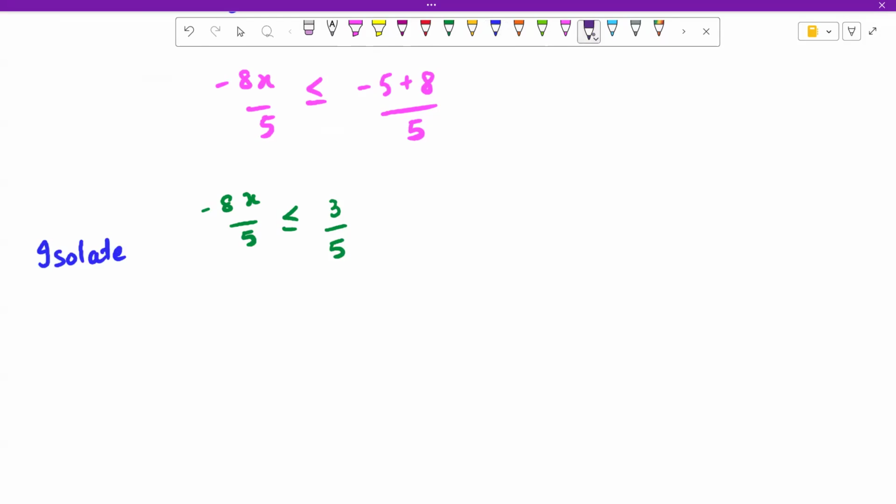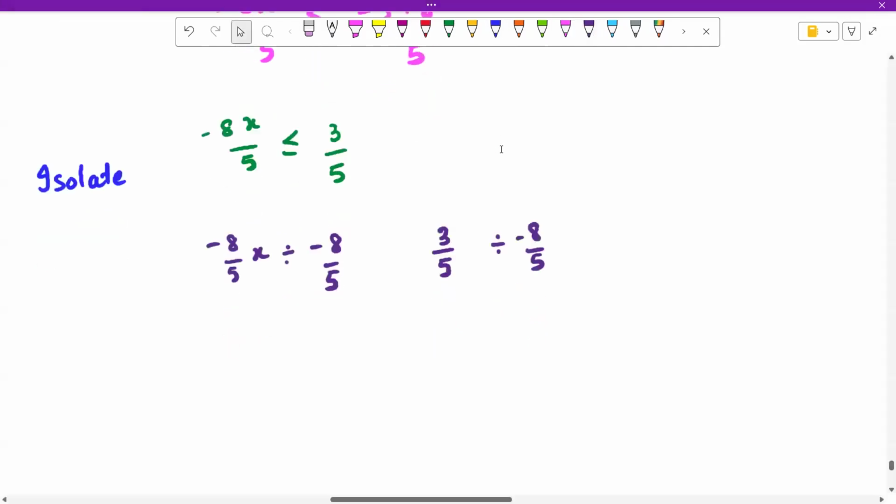So, what do we do to isolate? We divide by negative 8 over 5 here, and divide by negative 8 over 5 here. And what should be the symbol in between? It should be a multiplication symbol.